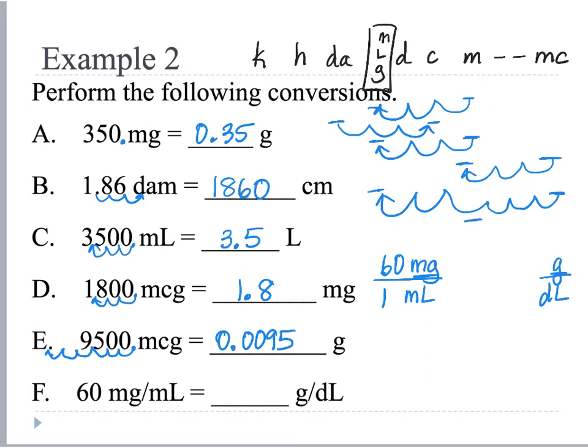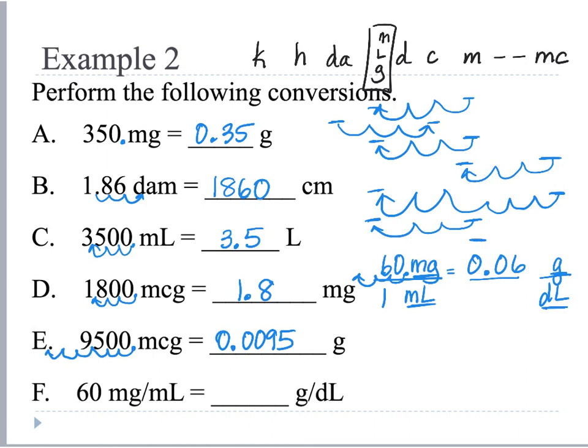So milli is here, gram is here, so 1, 2, 3 places to the left. So in 60, I'm going to move my decimal 1, 2, 3 places to the left, which gives me 0.06 grams. Now that's just the numerator. Now I need to work with milliliters and convert those to deciliters.